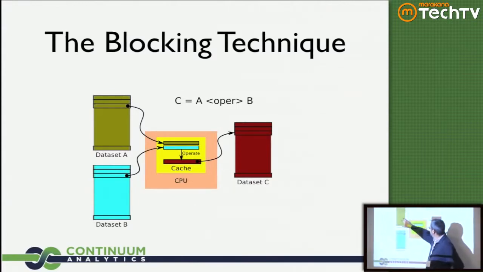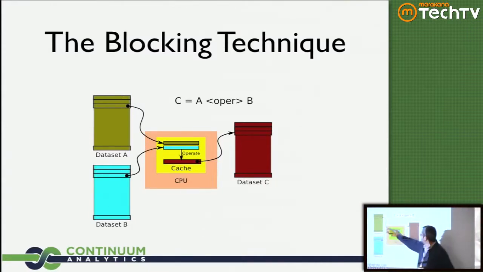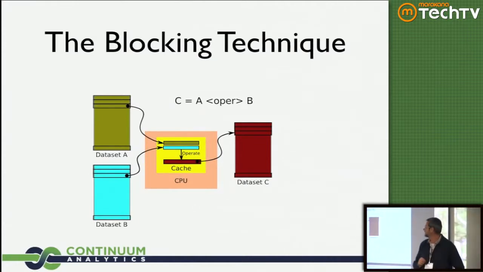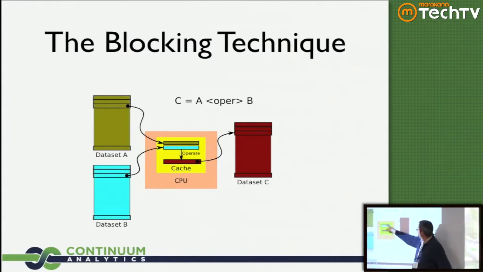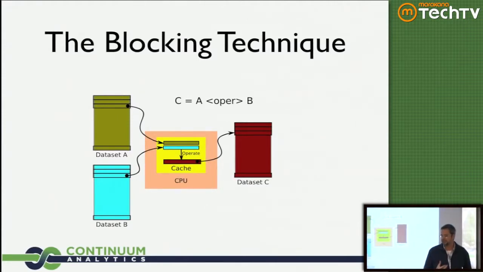For example, if you have 2 data sets in memory and you want to do an operation with them, the blocking technique says, well, just transfer contiguous blocks of your data sets to the caches, do all the operations in cache because it is faster, and when you have the result, copy the result to the data set in memory afterwards. Okay? And while these blocks are in cache, reuse them as much as you can in order to take advantage of the time locality. Okay?